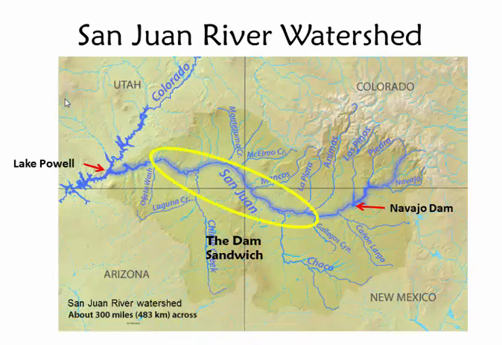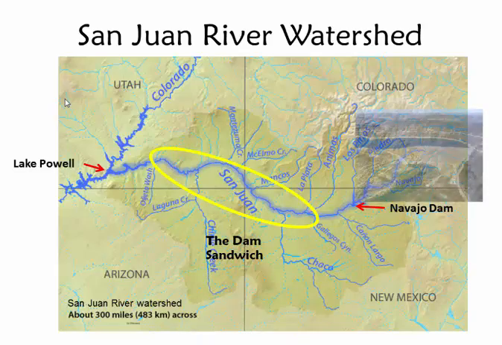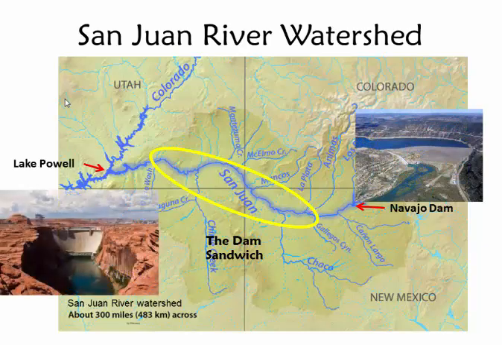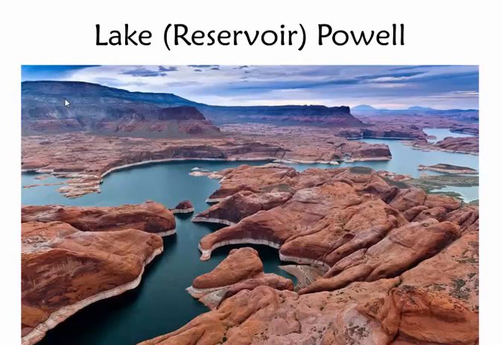And it does indeed have a dam sandwich. Look at that. Upstream you have Navajo Dam, and downstream, much more photogenic, the Glen Canyon Dam, which, as you know, forms Lake Powell with its famous bathtub ring in this picture.